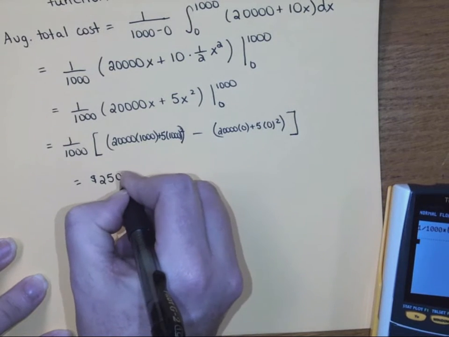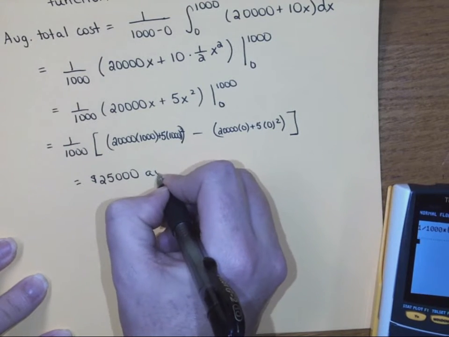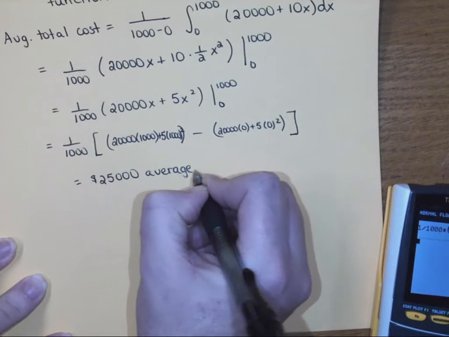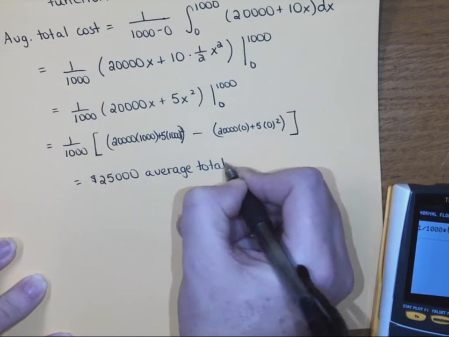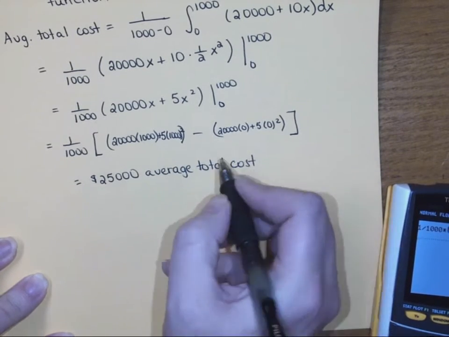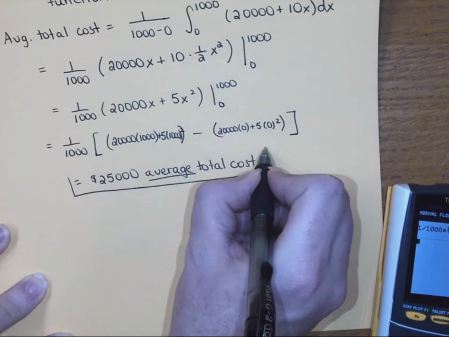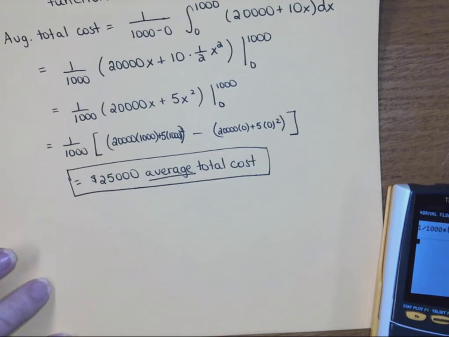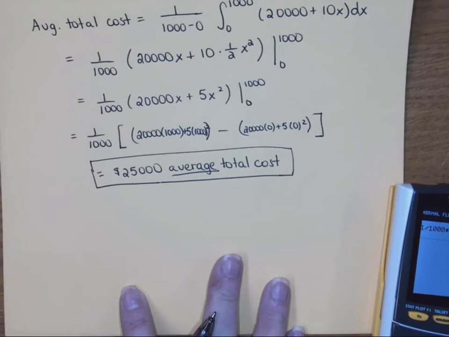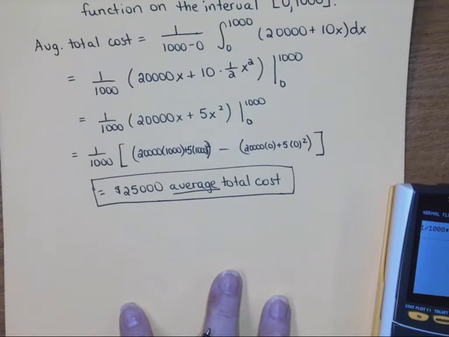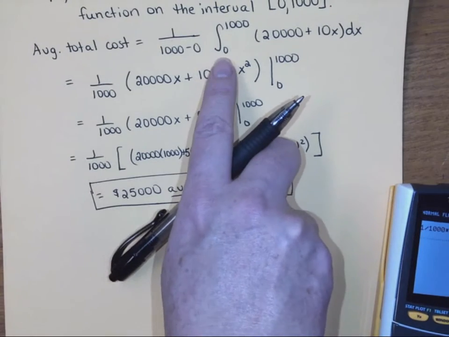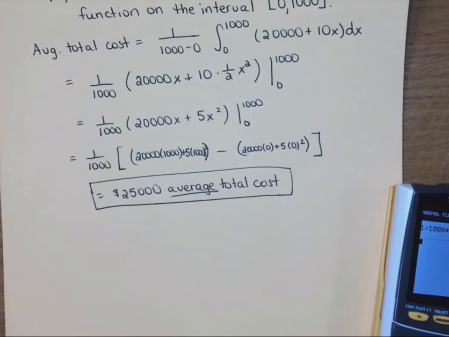So 25,000 is the average total cost. Notice that's not actually the average cost per dictionary. That's the average total cost as we go from making 0 dictionaries to 1,000 dictionaries, which is quite a big swing.